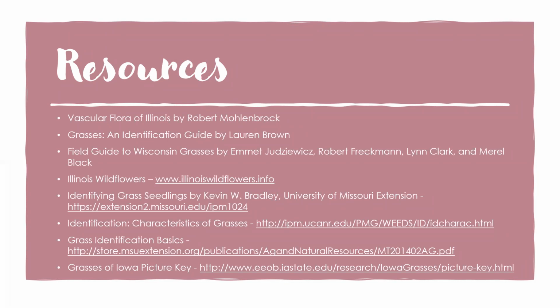So really, really helpful. And then the last four, not ones that I've personally used too much, but can be really helpful when you're a beginner, just to get used to some more of the terms. And there is even like a picture key that you can use and click on to go through. So I encourage you to at least explore them and see which ones work best for you.